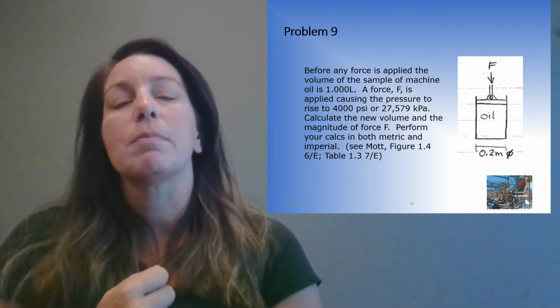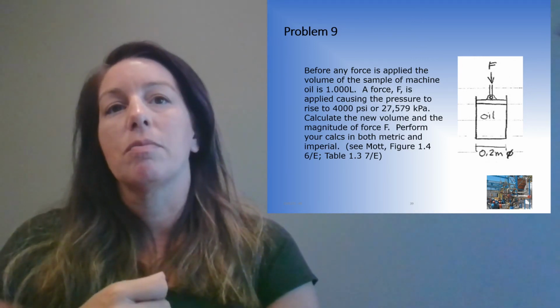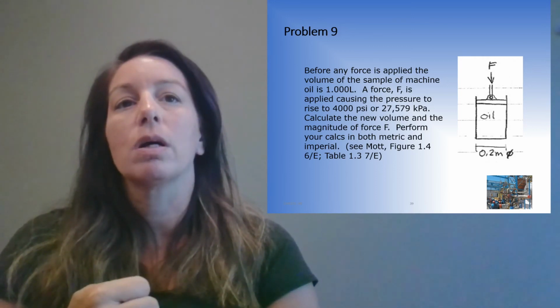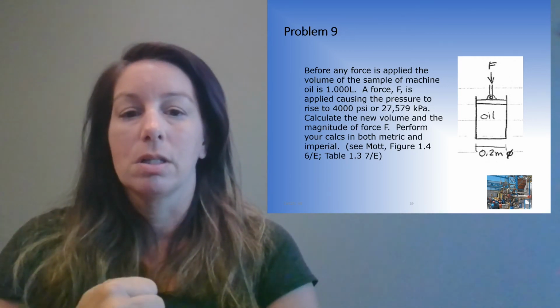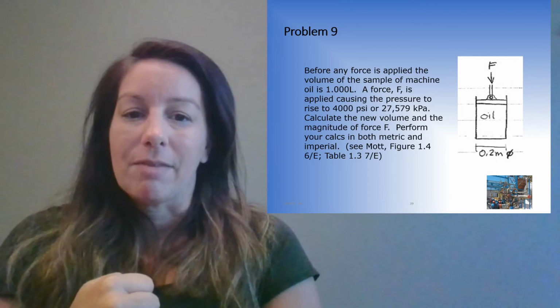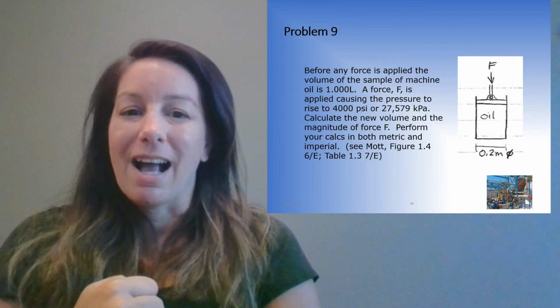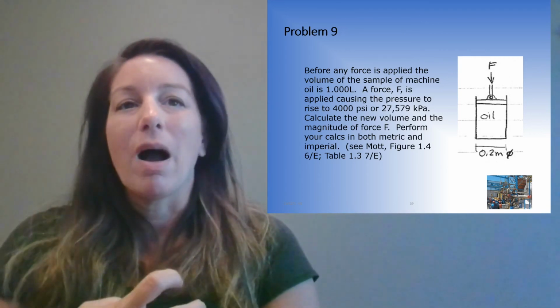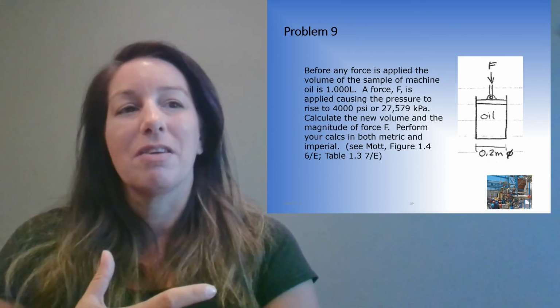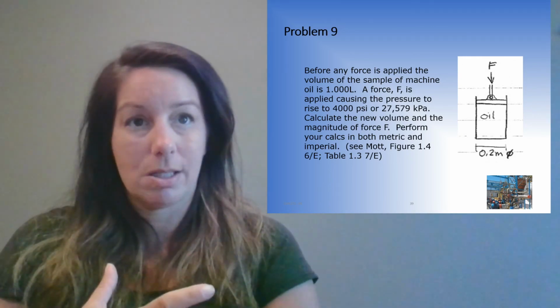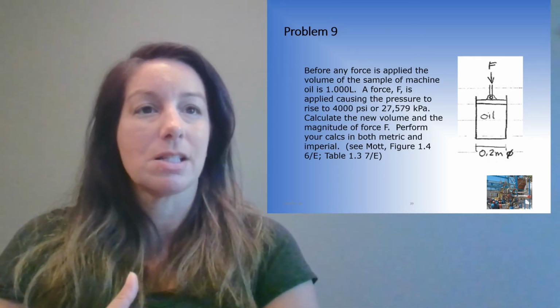Force F is applied, causing the pressure to rise about 4,000 psi, or 27,579 kPa. So why 4,000? Well, there's a lot of changing of units in this one, so I guess that's the trick in this one.